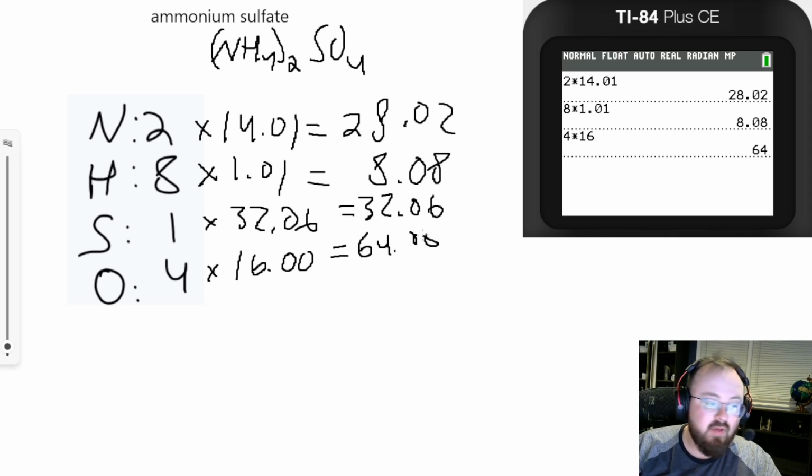That way, if you're doing sig figs, when we add, we have 2 decimal places for all of them.